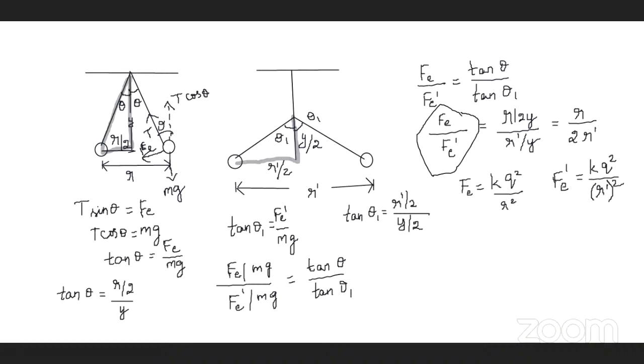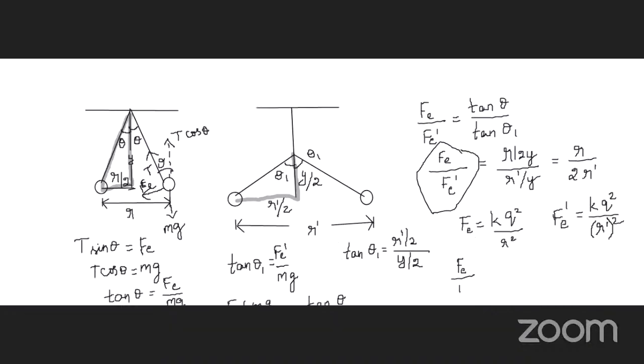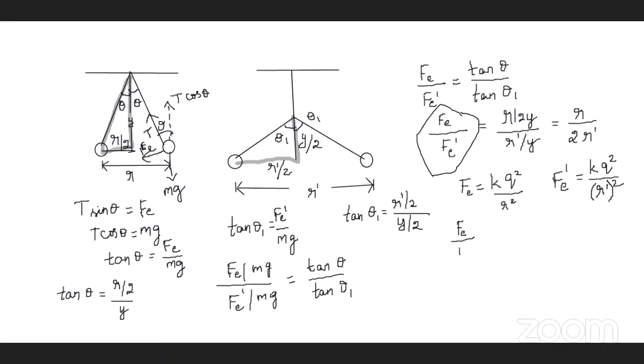So now what you can do is apply Fe by Fe prime, which is equal to k q squared by r squared divided by k q squared by r prime square.